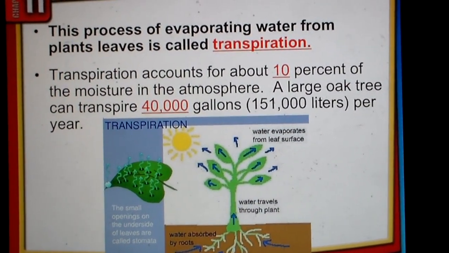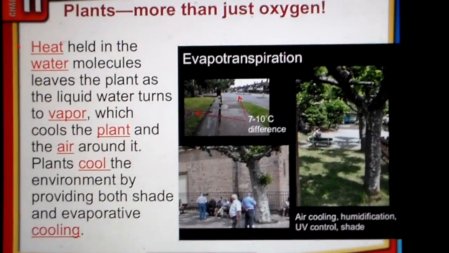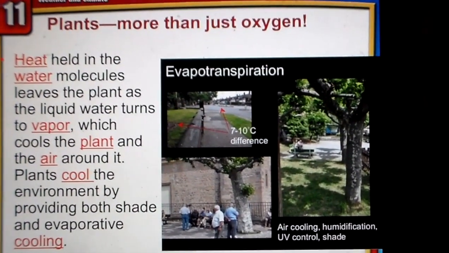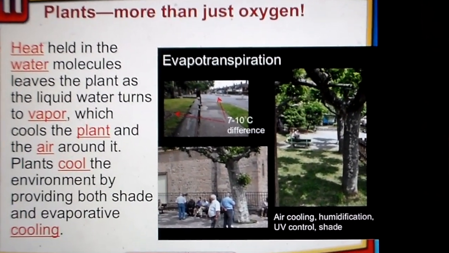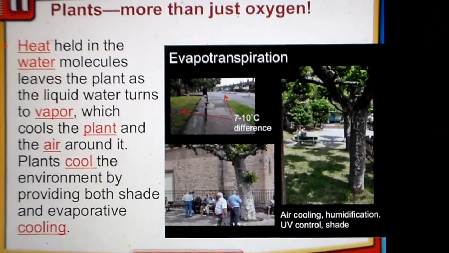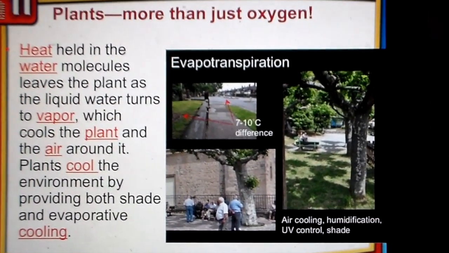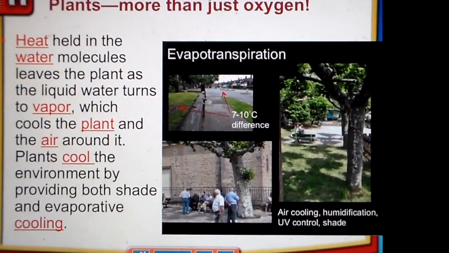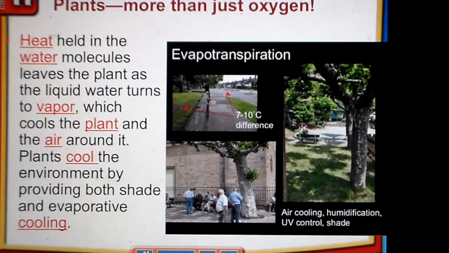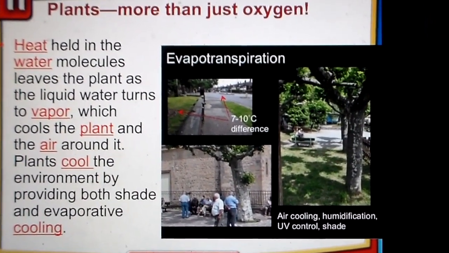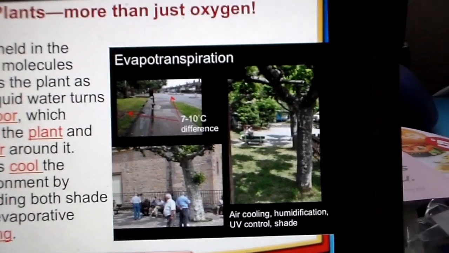And it's not just water that's moving. Heat that's held in water molecules leaves the plant as the liquid water turns to vapor, which cools the plant and the air around it. So plants end up cooling the environment, providing both shade and this thing called evaporative cooling.